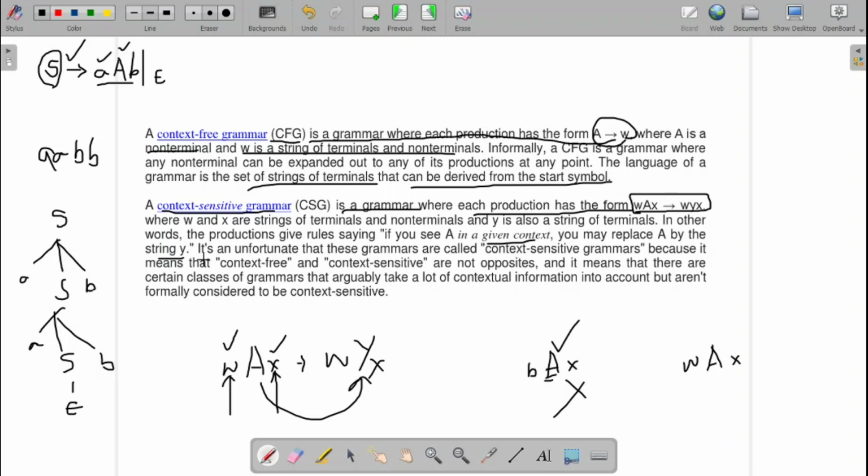It is unfortunate that these grammars are called context sensitive grammars, because context free and context sensitive are not opposites. They are meant for replacing. In the context free grammar, we don't look at any context for the given non-terminal; we can substitute it with any of its production bodies.